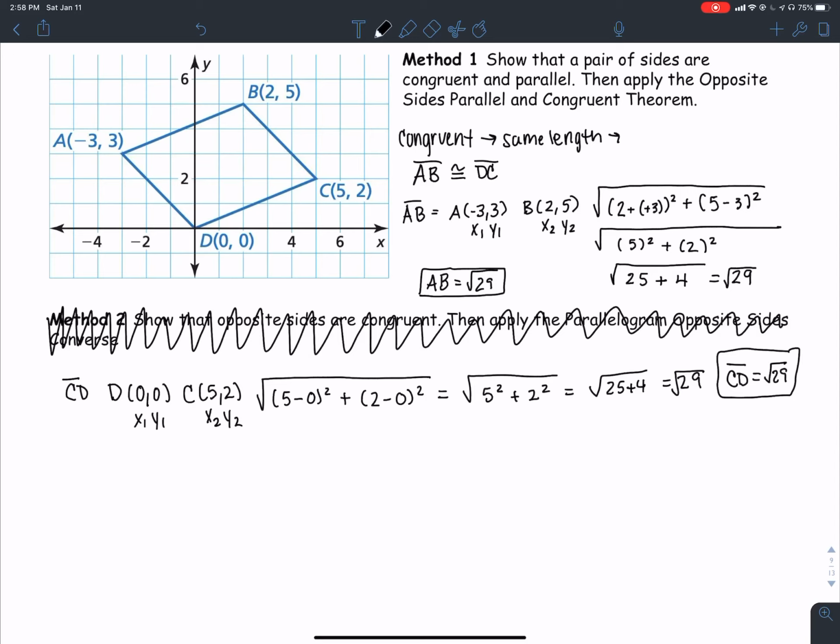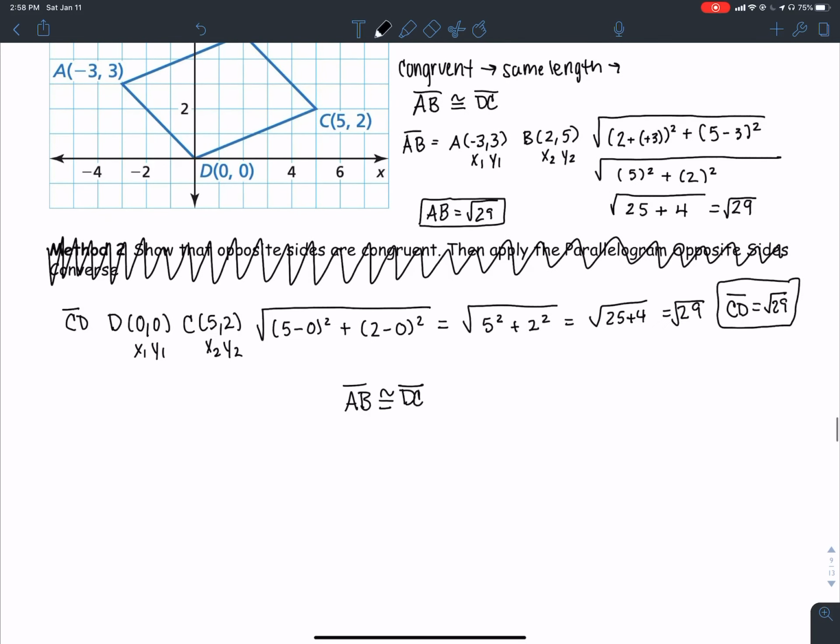Okay, so we've already said that they're congruent. Great. Now we have to prove that they're parallel. So to prove that AB is parallel to DC, parallel lines have the same slope.